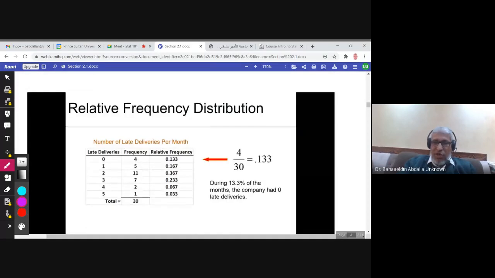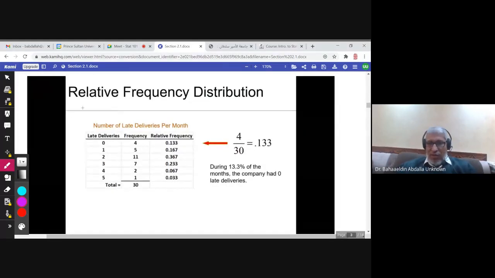But if he says, construct a relative frequency distribution, then this is not enough. You need another column for relative frequency. How do you obtain the relative frequency? You divide the frequency by the total number. So 80 divided by 200, and you write a column here. 90 divided by 200, 20 divided by 200. This would be a relative frequency distribution. So if he ever asks you about a relative frequency distribution, this could be your answer.